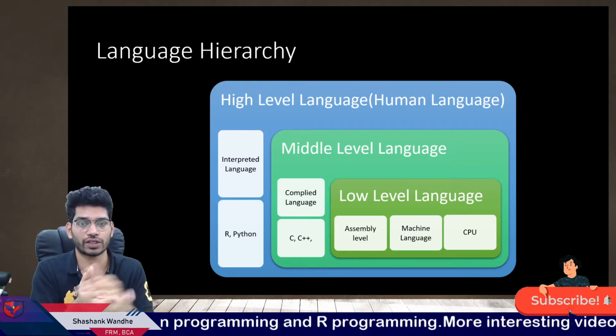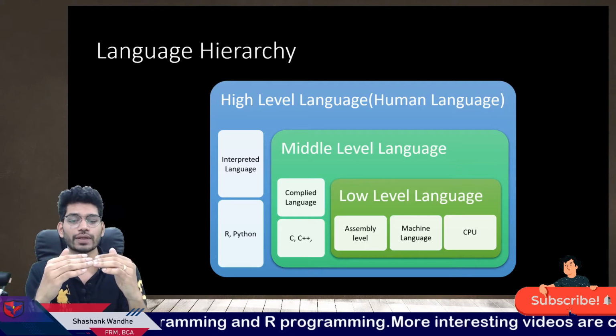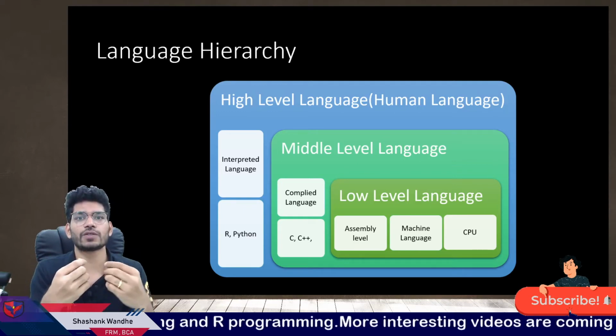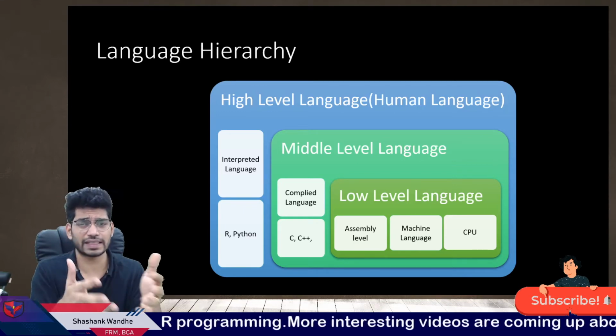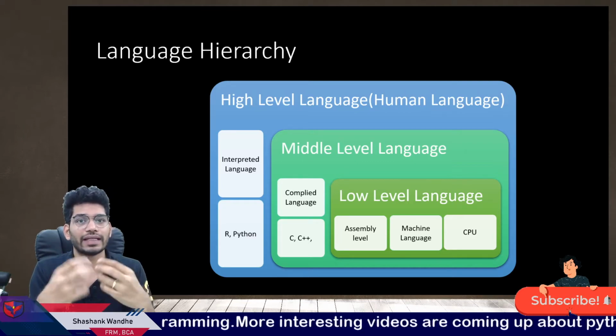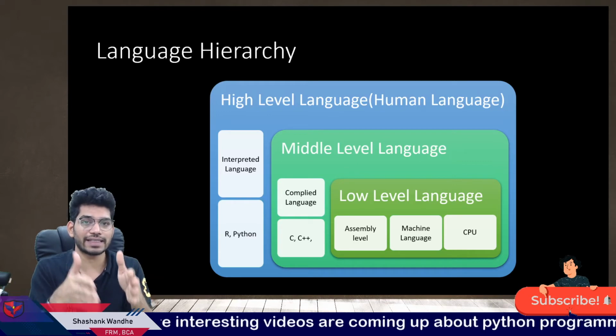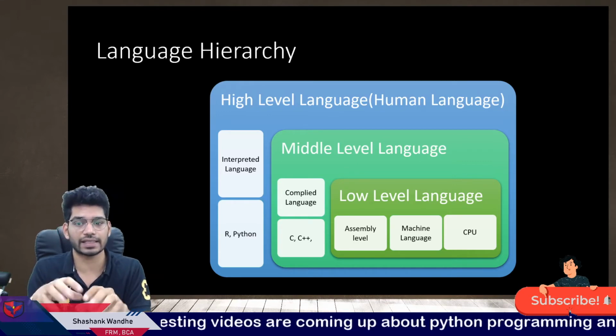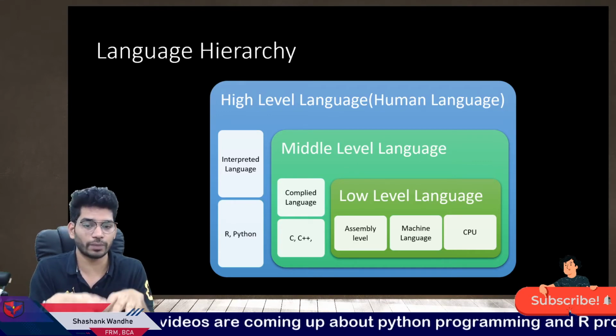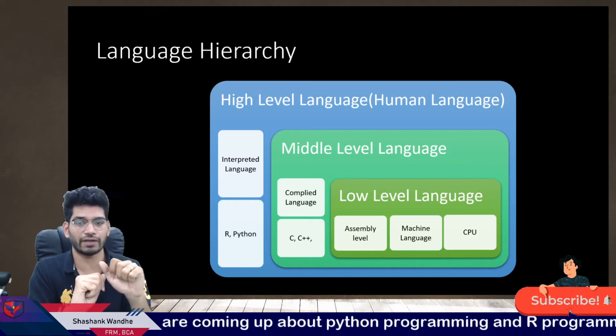In C++ specifically, we use printf, scanf, and cin, cout. These are human readable, which is why C++ can also be categorized as a high level language. It is not limited to middle level language, but the fair categorization is middle level language.